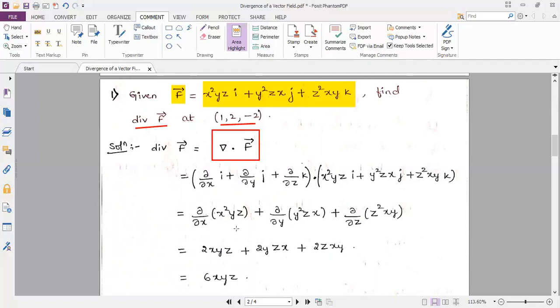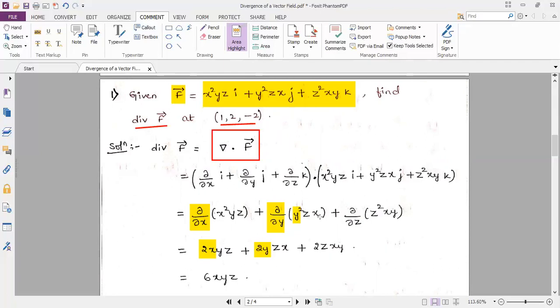Let us perform the partial differentiation with respect to x, y, and z. First term, with respect to x, differentiation of x square is 2x. Y and z are constants, so we write them as it is. Plus, with respect to y, differentiation of y square is 2y.